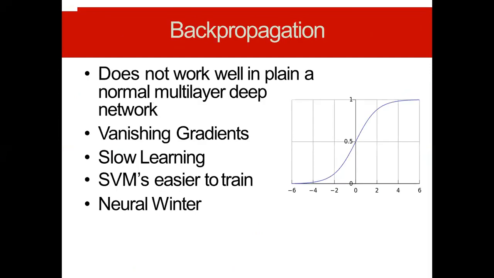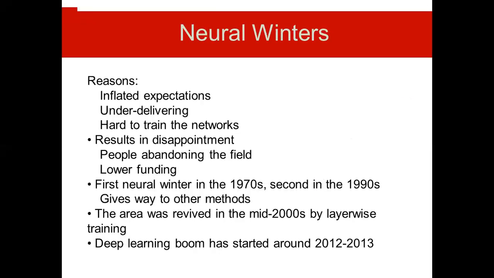So this backpropagation algorithm is actually not new. It was actually reinvented multiple times. And it didn't really work well 30, 40 years ago. That's why we experienced the so-called neural winter.